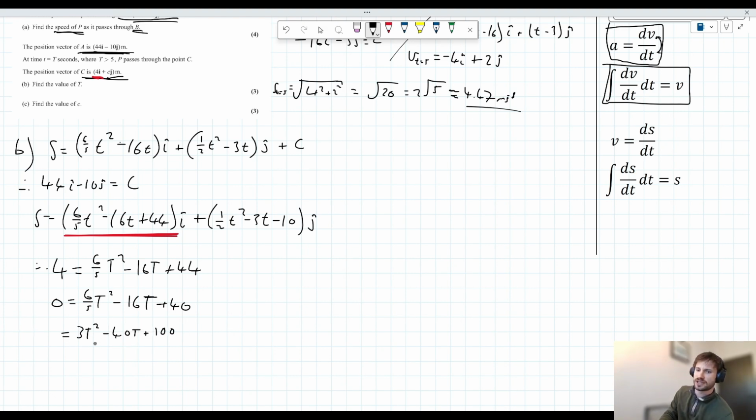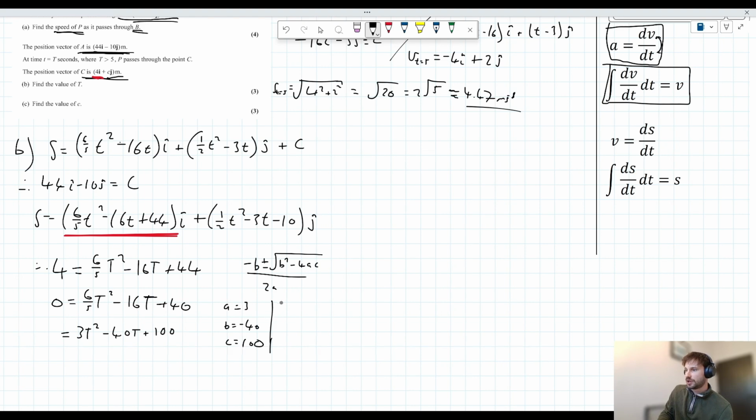This is quite a difficult quadratic to factorize in your head, so we might want to introduce the quadratic formula here. Let's just write it out. So we can say here our A coefficient is 3, our B coefficient is minus 40, and our C coefficient is 100.